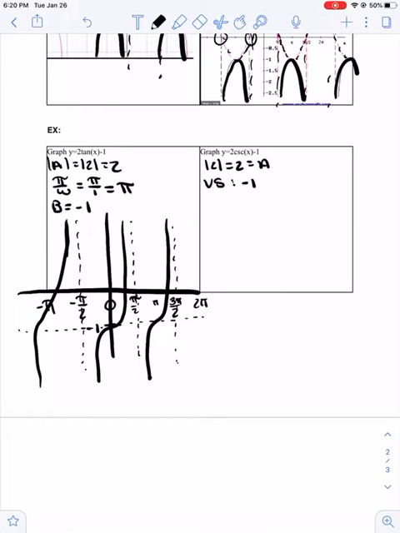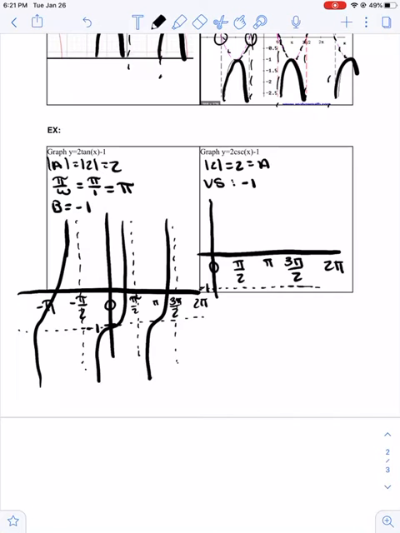So let's do the vertical shift first. And there was no period change, and the period of cosecant is 2 pi. So we're going to start at 0, pi over 2, pi, 3 pi over 2, and 2 pi. And then we have that vertical shift of down -1.